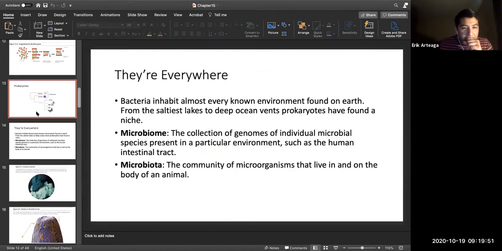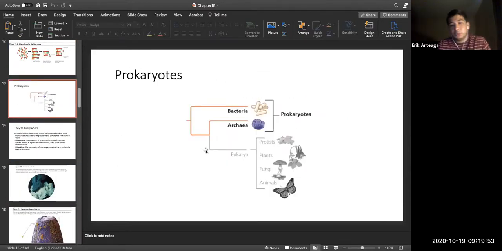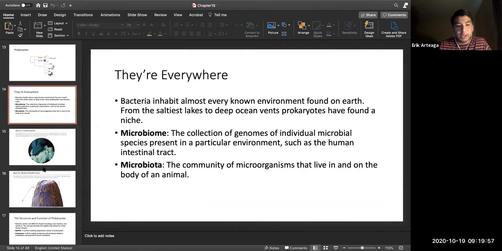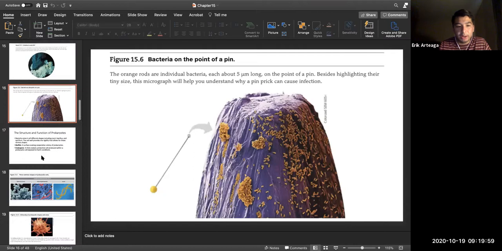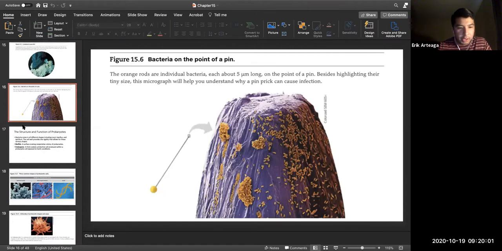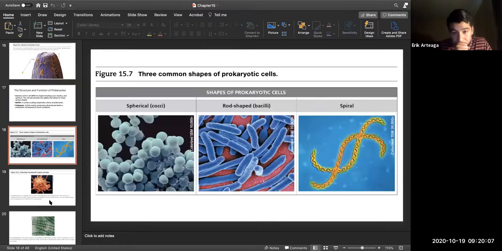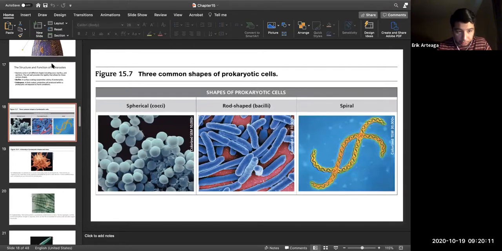Okay. So we talk about prokaryotes and eukaryotes, early life, deep ocean vents. Archaea live in extreme environments. Bacteria are everywhere. We talked about different shapes, biofilms, endospores. Go through this. Be able to identify the shapes.